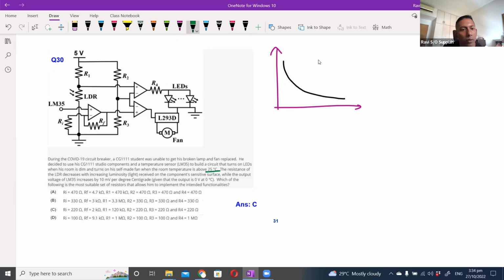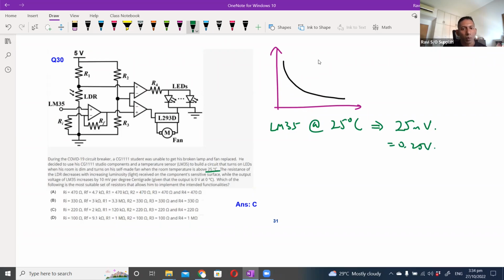Now, what we know is the output of the LM35 increases by 10 millivolt per degree, and the output is 0 volt at 0 degrees. So for the LM35, when it is detecting 25 degrees Celsius, I will be getting 25 millivolt, which is 0.25 volt.